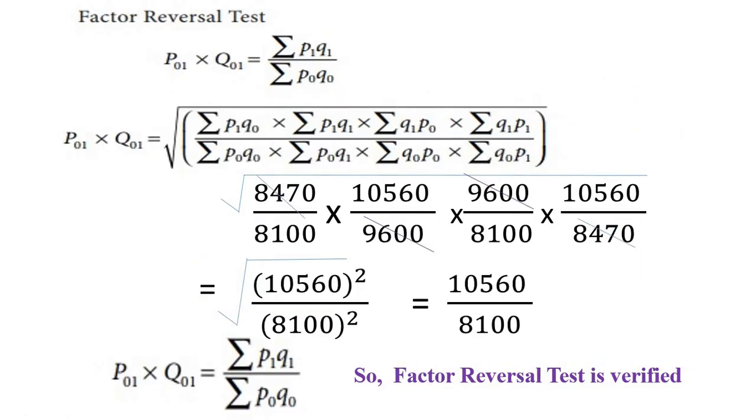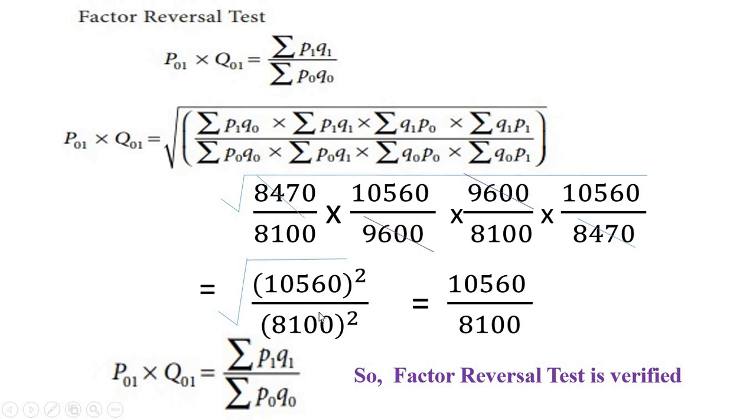Come to the factor reversal test. For the factor reversal test you need to prove P01 into Q01 equals summation P1 Q1 divided by summation P0 Q0. The first part will be the Fisher ideal formula. The second part, as in the earlier time reversal test, interchange: wherever P is there, put Q, and wherever Q is there, put P. Then substitute the values, only these 4 values. 2 values will be cancelled, the rest remain as they are.